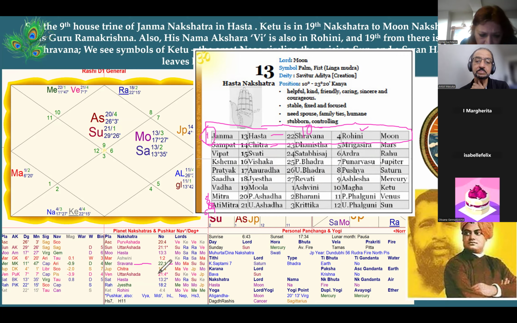Venus is not in Shravana, it's in Uttarashada. The 19th nakshatra will always lead back to a trine of your natal rulership, of whatever the Janma natal nakshatra was.